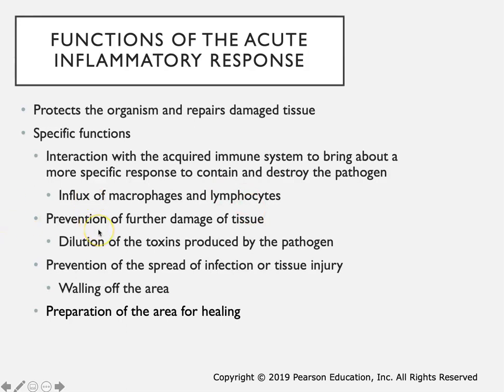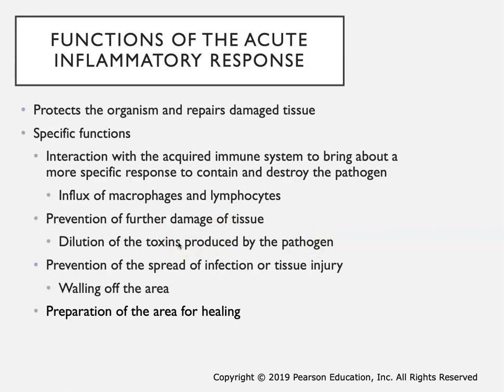What will also happen as a result of an acute inflammatory response is processes that try to prevent further damage of tissue. A couple of things, almost along the same lines. There will be mechanisms that try to dilute the toxins produced by that pathogen, which would prevent further tissue damage.